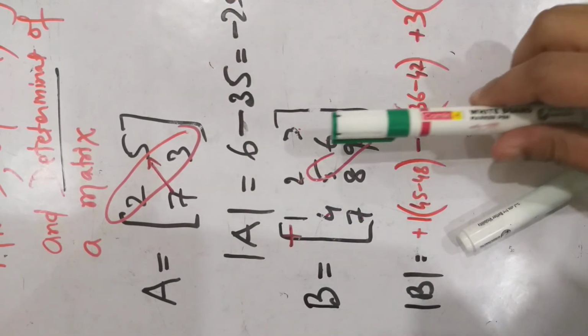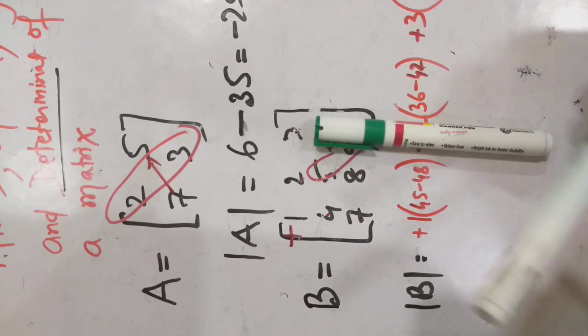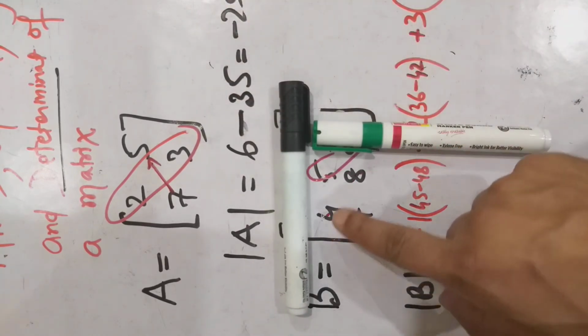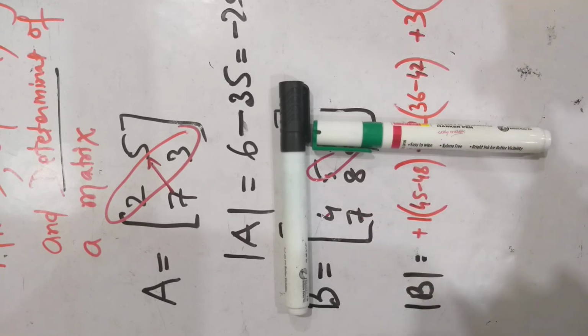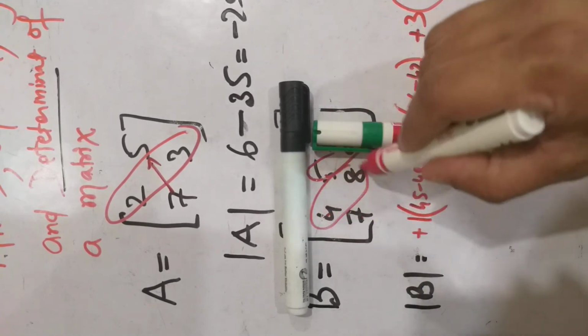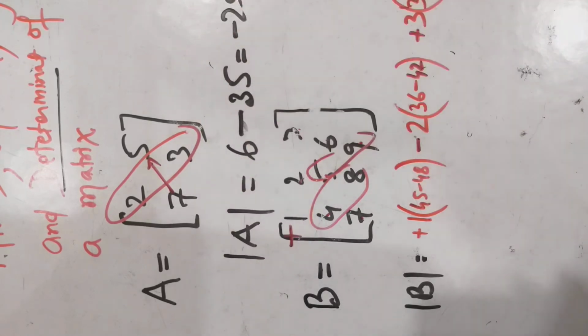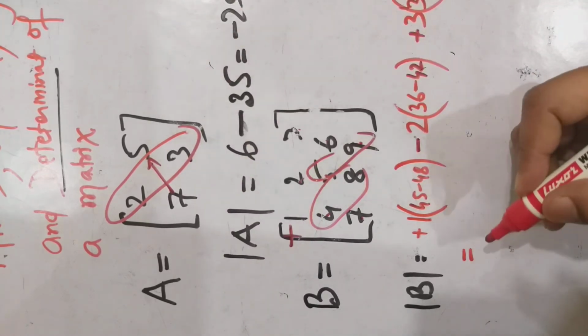It's 3. The column is blocked and the row is blocked. When we block this, we get 4, 5, 7, 8. So first diagonal is 8 into 4, 32, minus 7 into 5, 35. When we simplify this, we get the determinant value.